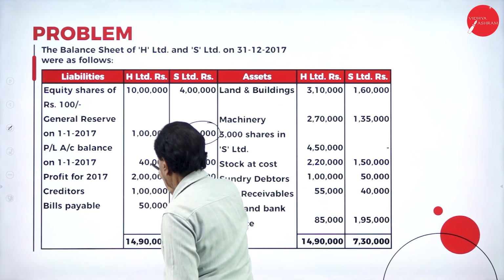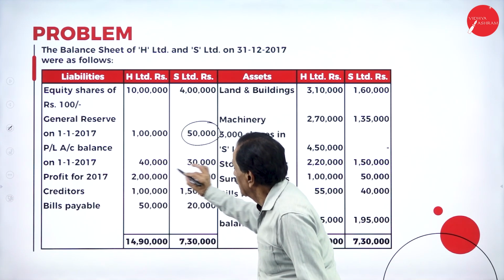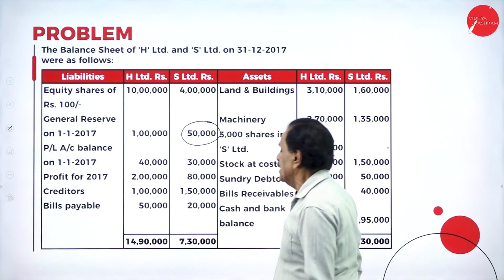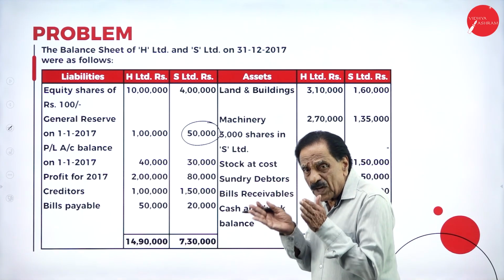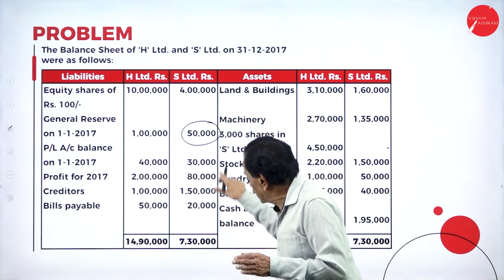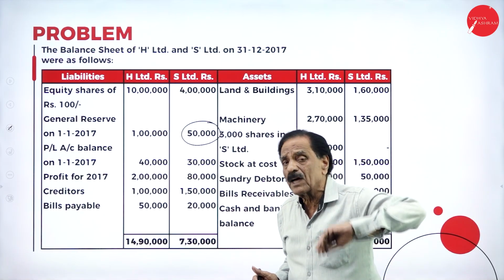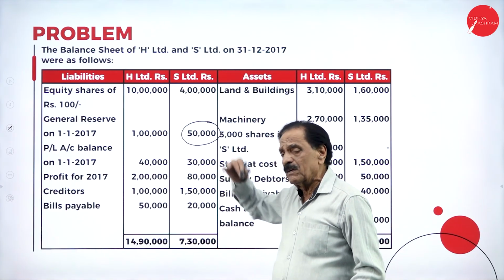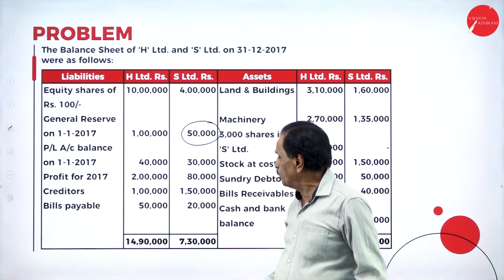Then profit is 40,000. Here profit is 30,000. Profit for the year is 80,000. So out of 80,000, this is the profit for the 12 months. You acquire on 1/7, which means 6 months. 40,000 is the capital profit. Another 40,000 is revenue profit.